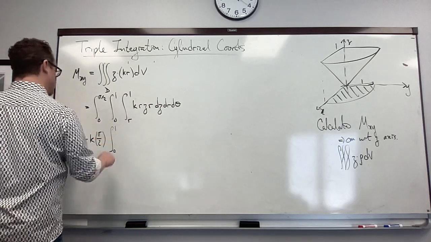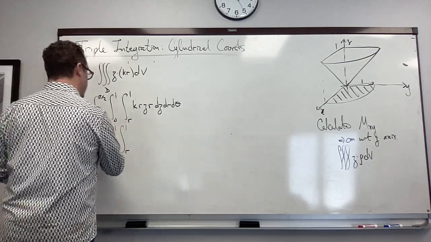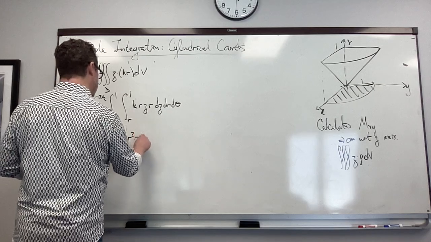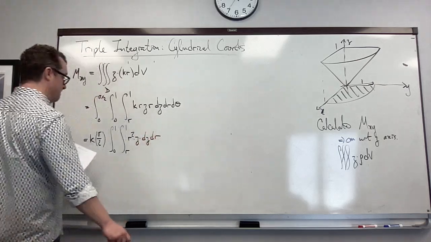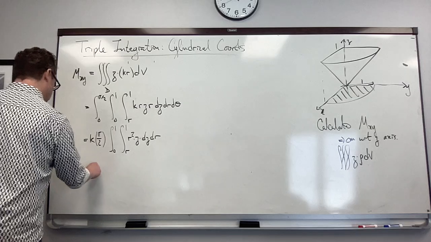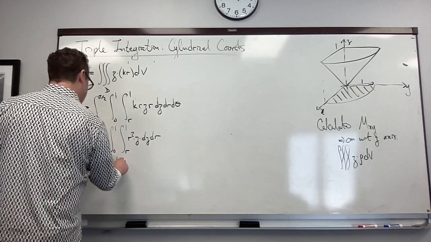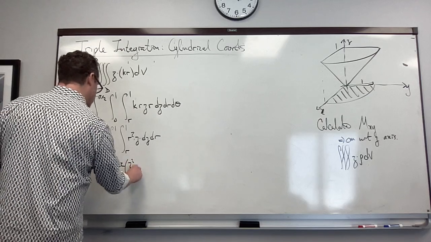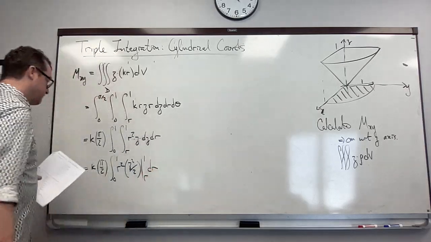Then I have my r integral here, and I'll leave my z integral, r to 1, and I have k out front, so I have r squared z dz dr. Now the r squared will come out, so I'm just integrating z, so this is k pi over 2, 0 to 1. And now r squared came out, and then I've got z squared over 2 from r to 1 dr.